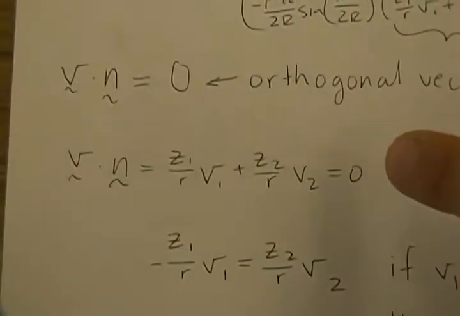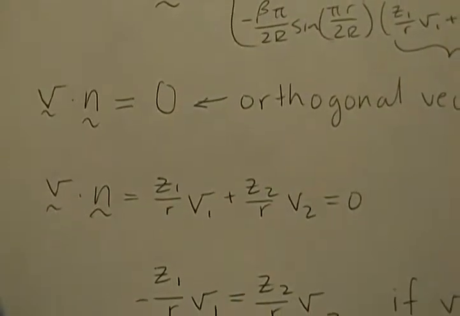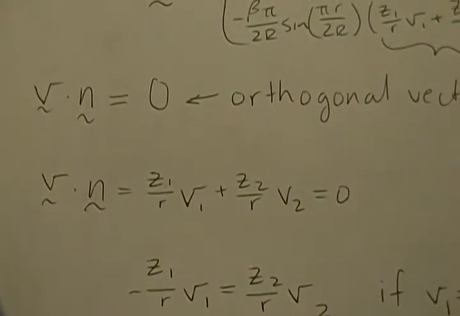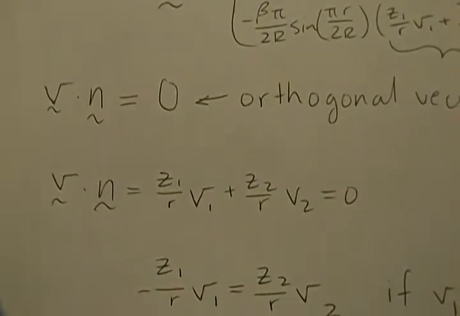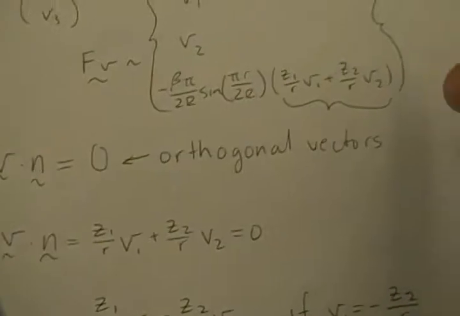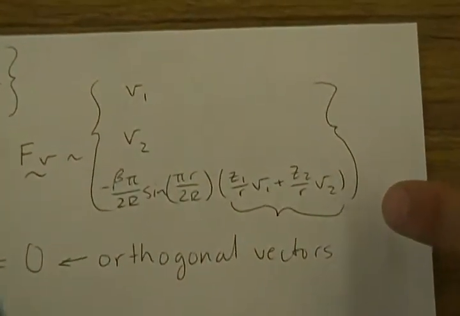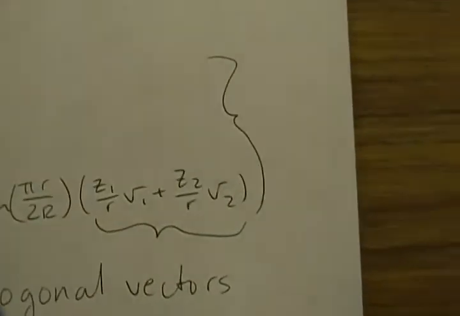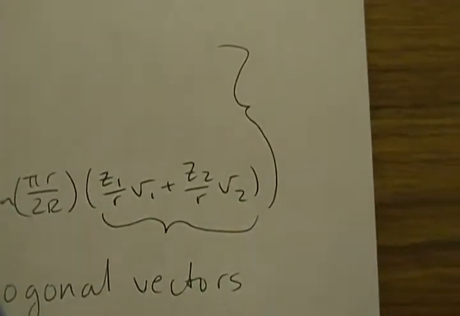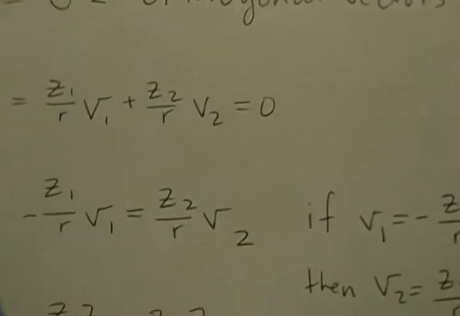And the dot product of these two vectors would be z1 over r v1 plus z2 over r v2 equals 0. So if we go back to the result of F operating on v, we have this term in the e3 direction. That term is the dot product of v and n, so that term has to equal 0.